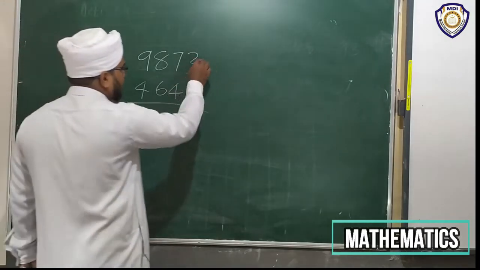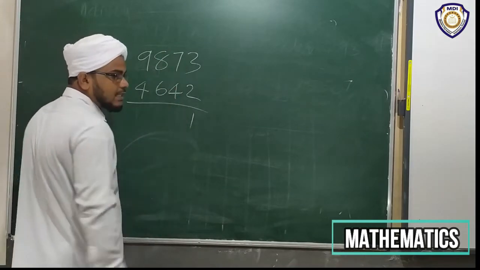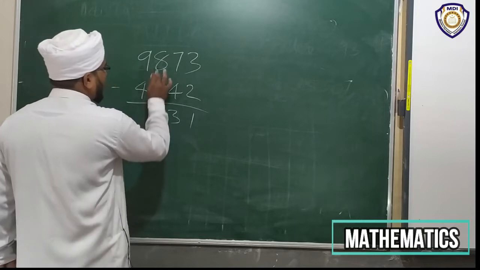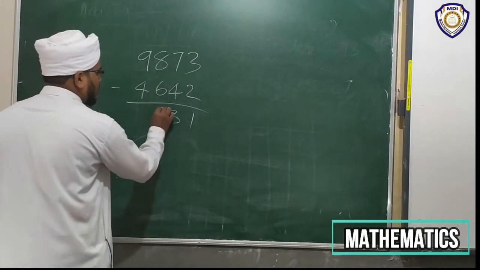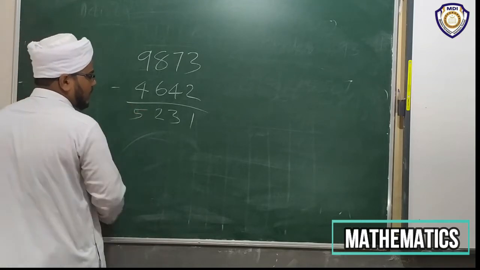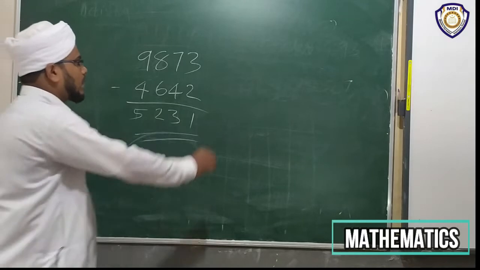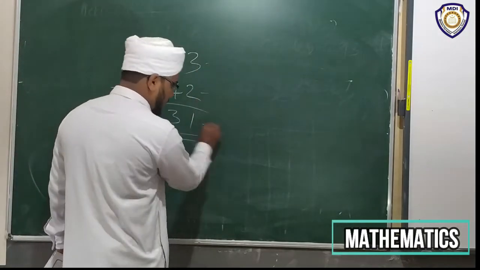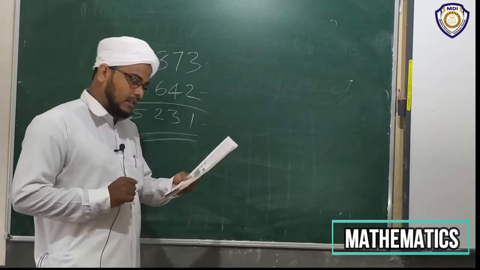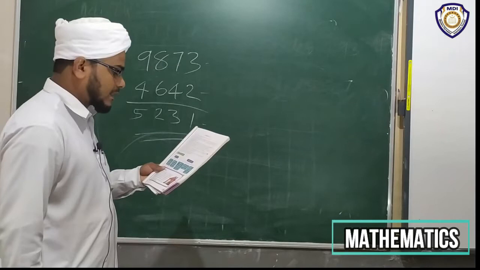You have to subtract 3 minus 2, 1. 7 minus 4, yes, 3. 8 minus 6, 2. 9 minus 4, 5. This is the answer or result. What is the name of this and this number? Yes, very simple. This is the subtrahend.